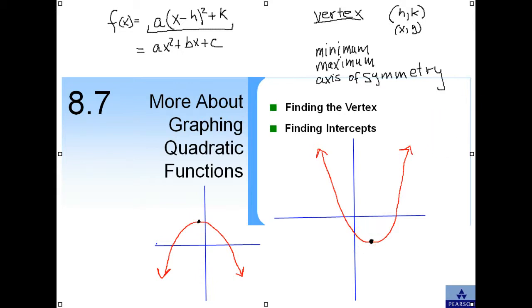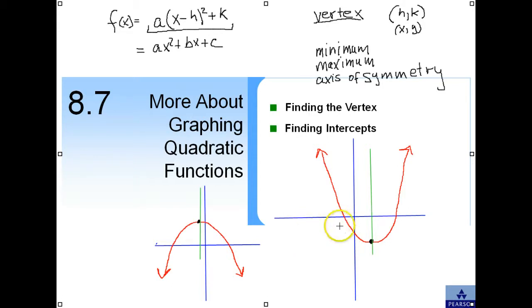And then we have what is called the axis of symmetry. And the axis of symmetry is actually our h value. And here it would be right there. And over here it would be right there. I'm off a little bit, but you get to see the idea of it.